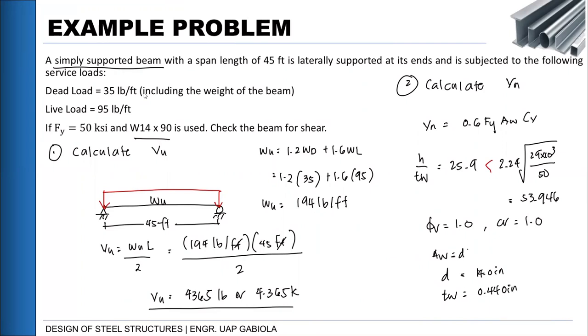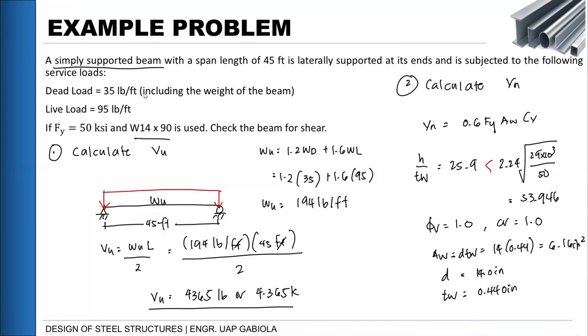So, area nun, that will be 14 times 0.44. That is 6.16 inches squared. Okay? So, ngayon, kompleto na yung formula natin.